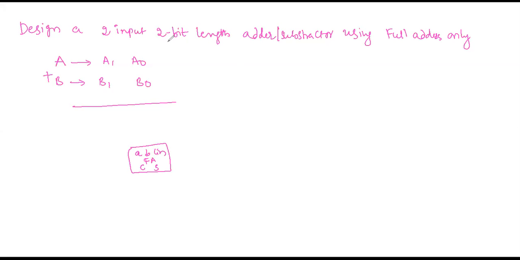For each bit, we need one full adder. Already we discussed this in the 2-bit parallel adder. So A0, B0, you need to add with a full adder. But a full adder needs 3 inputs, so we add an additional 0 bit. When you add, you will get sum S0 and carry.